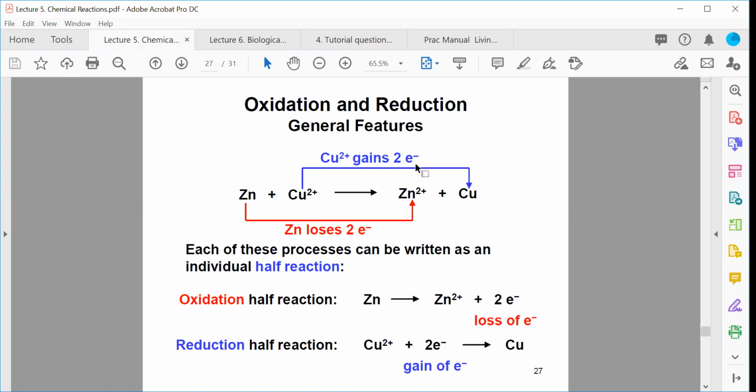Remember, it picks up the 2 electrons, and because it gains 2 electrons, it's said to be reduced. We write that gain of 2 electrons, as you can see here, to the left of the reaction arrow. And here's the product here, neutral copper. Okay, so that's what we refer to as half reactions, and you'll see some of them also in your tutorial questions.